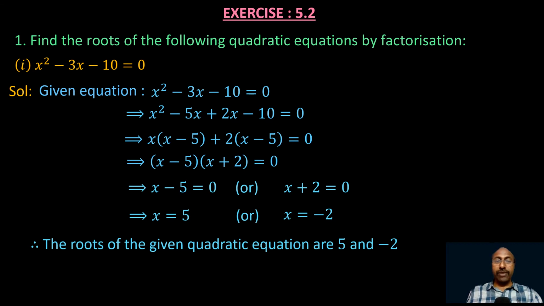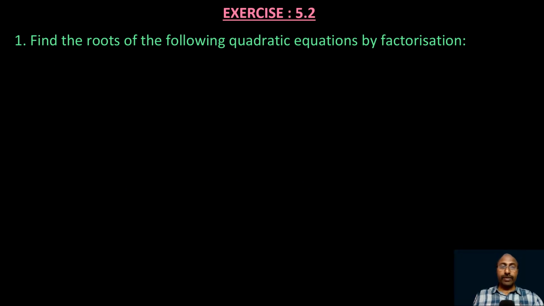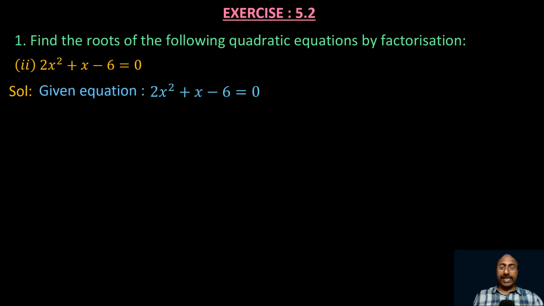Okay students, in this way we can find the roots of the given quadratic equation by factorization method. Let's go for the second one. Two x square plus x minus 6 equals 0. So let's write the given equation, 2x square plus x minus 6 equals 0.